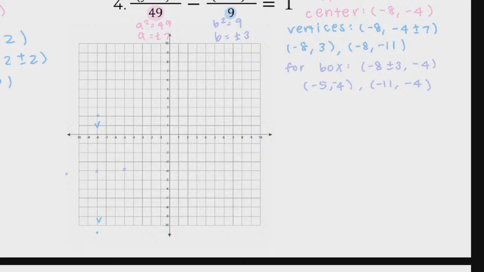So from here, we can draw the box. And then draw the asymptotes. And from there we can draw the graph.